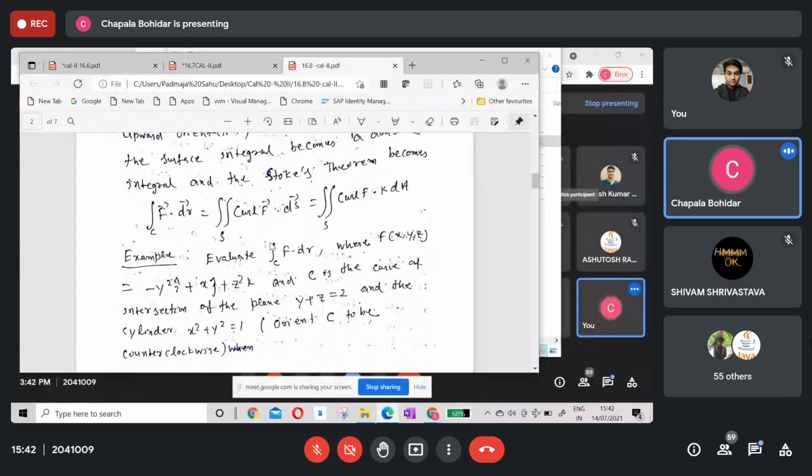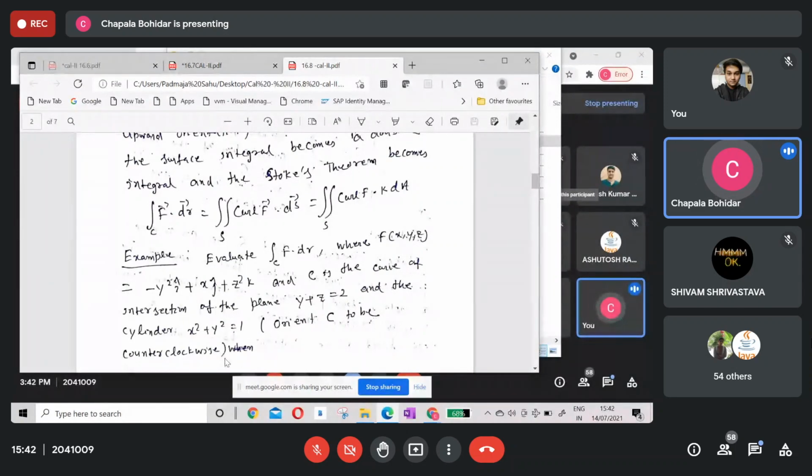Now, evaluate the integral of F dot dr where F of x, y, z is equal to minus y squared i plus x j plus z squared k, and C is the curve of intersection of the plane y plus z equals 2 and the cylinder x squared plus y squared equals 1.